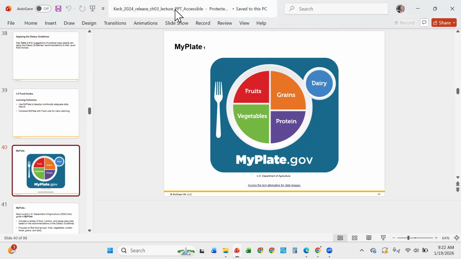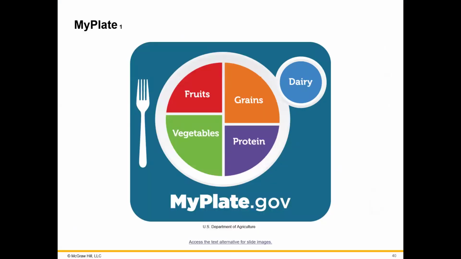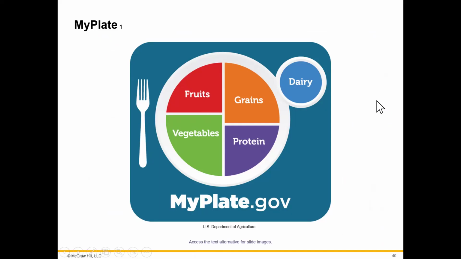So, when we look at My Plate, or what you might understand as a visual guide, these visual guides, such as My Plate and the Food Guide Pyramid, were developed to help people get quick visuals of what to eat.